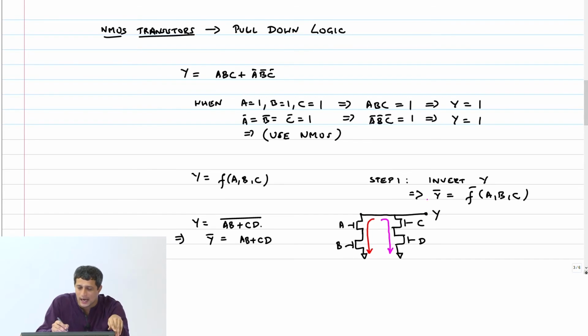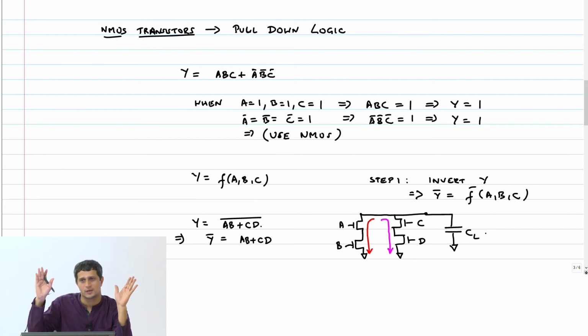What happens in the other cases, when these conditions are not satisfied, is you have a capacitor here. Some parasitic capacitance, load capacitance, all of that. You have a capacitance here which is storing some value initially based on the previous state.